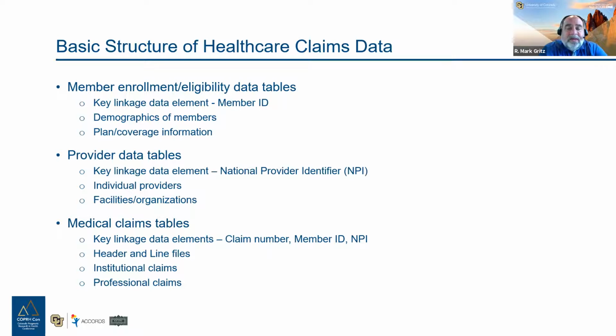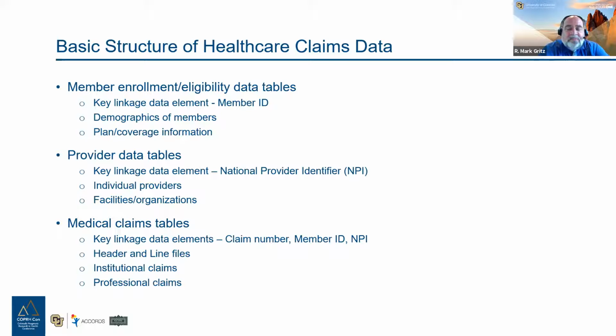Then to really get down into the claims data, there are medical claims tables that have a claim number as well as the member ID to link it back to that member enrollment and eligibility, and provider identifiers, or NPIs, that allow you to link back to the provider data tables.